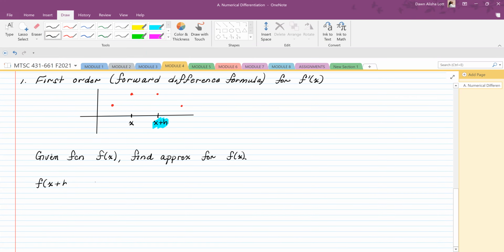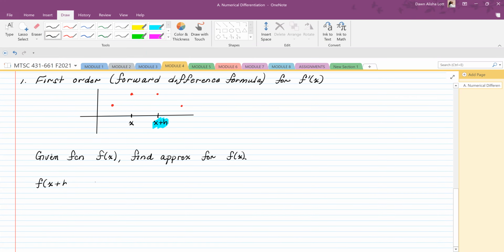Now the Taylor series f of x minus h is f at x minus f prime at x times h plus f double prime at x times h squared over 2 factorial minus f triple prime at x h cubed over 3 factorial plus or minus dot dot dot. So now again, I'm solving for f prime.